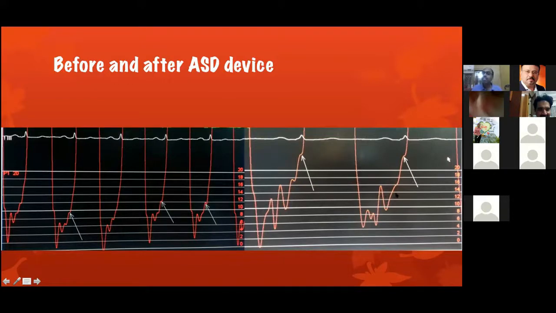Could raised LV EDP be partially due to reverse Bernheim effect? Yes, possible. But that's what I was telling. Left ventricular end diastolic pressure elevation is due to a combination of inherent LV physiology as well as underfilling of the left ventricle.